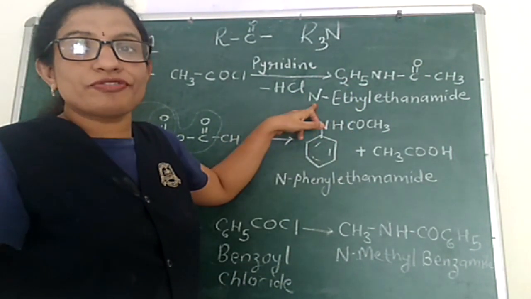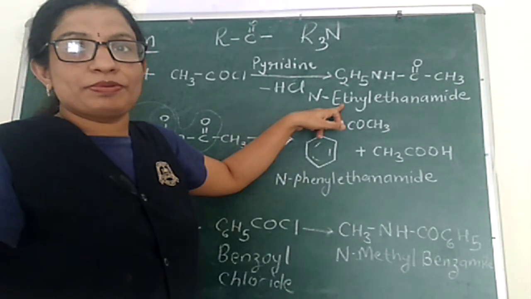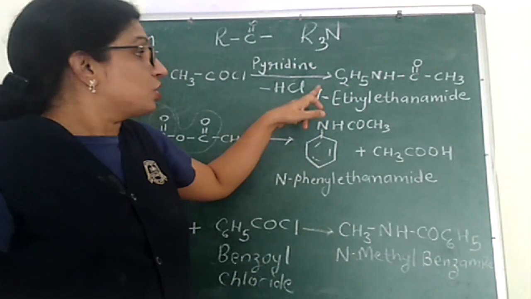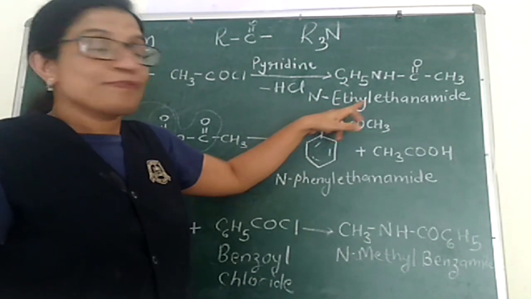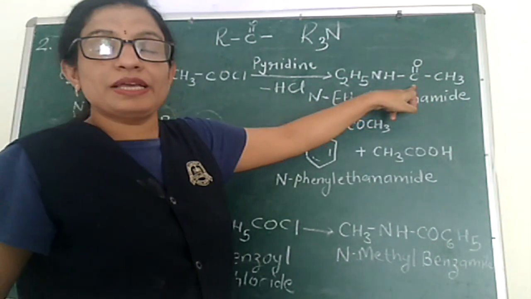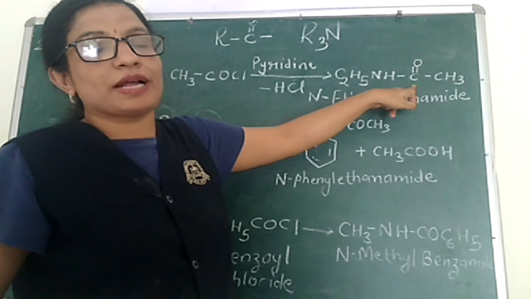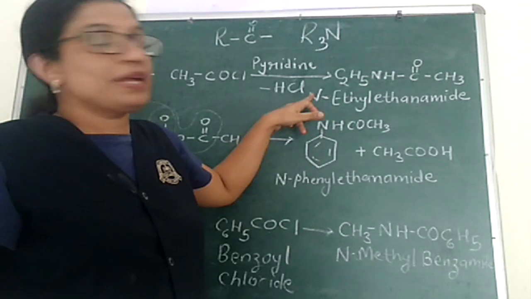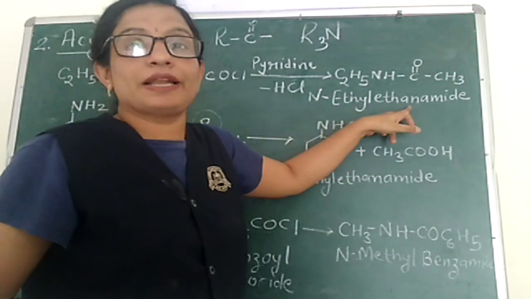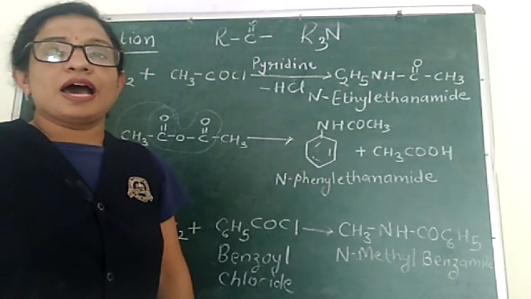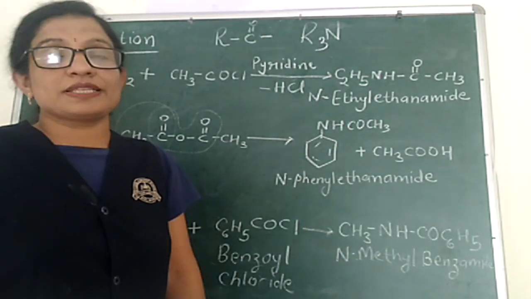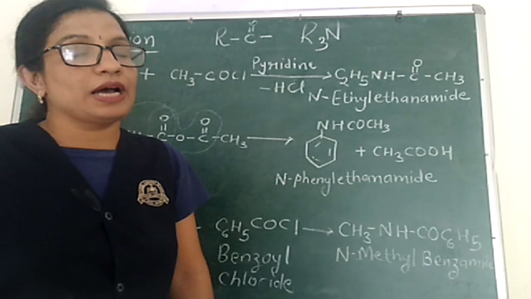The source of the alkyl group with which it is bonded also has to be mentioned, that is nitrogen. So N-ethyl, and these two carbon atoms will be the part of the parent compound, that is eth, and the functional group is amide. So the complete name will be N-ethyl ethanamide. In general, we can say acylation of primary or secondary amines results in the formation of substituted amides.